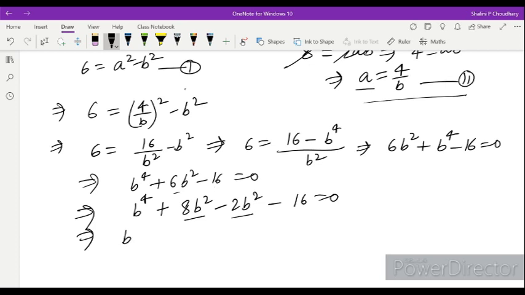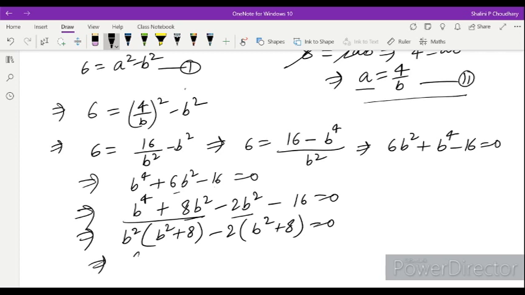Now we'll take b square common, so we get b square plus 8, and then minus 2 times (b square plus 8). So this way it will be (b square minus 2) into (b square plus 8) equals 0. So two values we'll get for b.